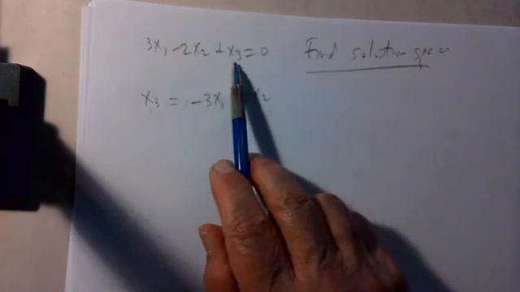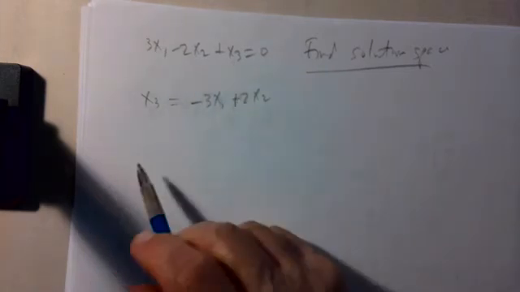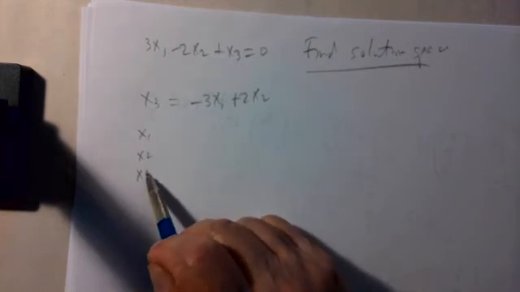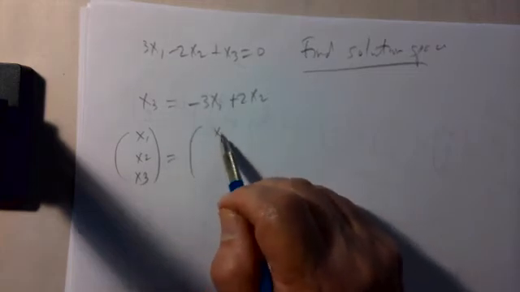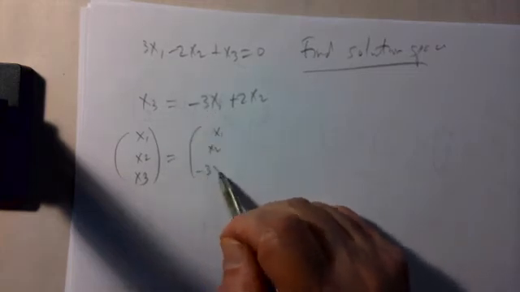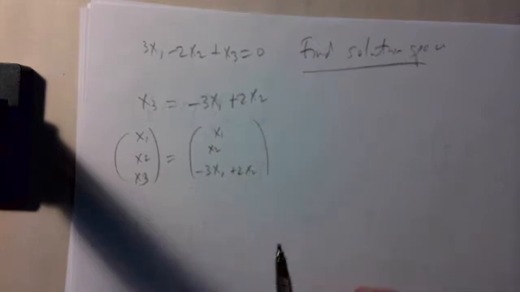Sorry, if I bring this on the other side, x3 is minus 3x1 plus 2x2. So if I take any value for x1 and any value for x2, x3 has to be this. So this is x1, x2, and my x3 is minus 3x1 plus 2x2.